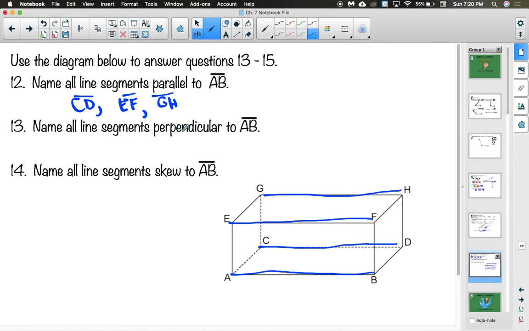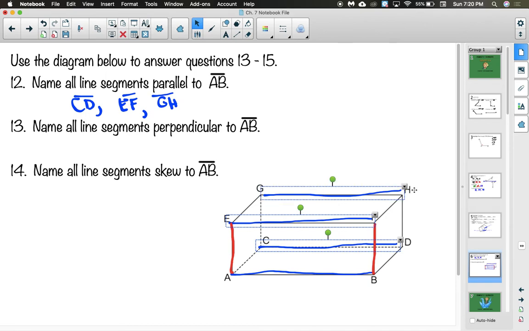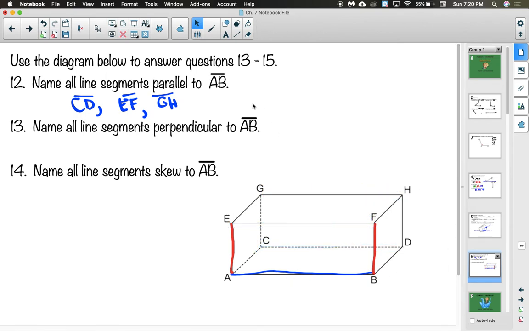Okay. Next, we're going to talk about perpendicular. Perpendicular, I'll draw them in red. Perpendicular to line segment AB. Well, this line segment is perpendicular, line segment AE, and this one is perpendicular, line segment FB. Maybe we can clean this up a little bit, get rid of some of these blue lines. So they're pretty clearly perpendicular, but we also have these two, line segment AC and line segment BD.